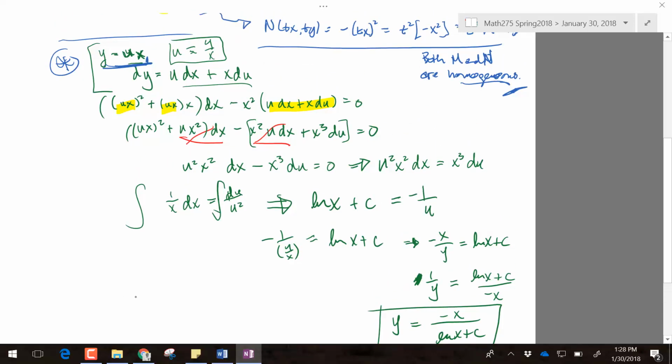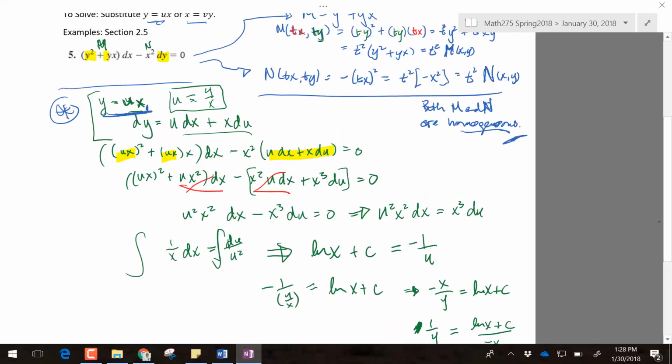If it's not homogeneous, then you cannot use this technique, because it's not going to work. If it is homogeneous, then u is going to be solvable by this substitution.